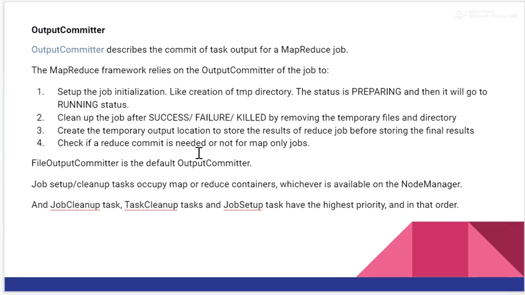Second, there is an output committer that comes as part of the MapReduce outputting process. The output committer is important. As I said, it will check whether the output directory is available or not. If it is not, then it is okay.